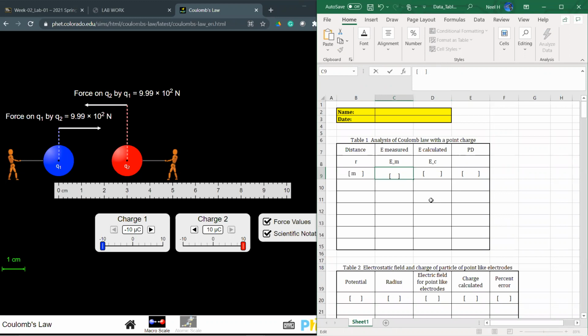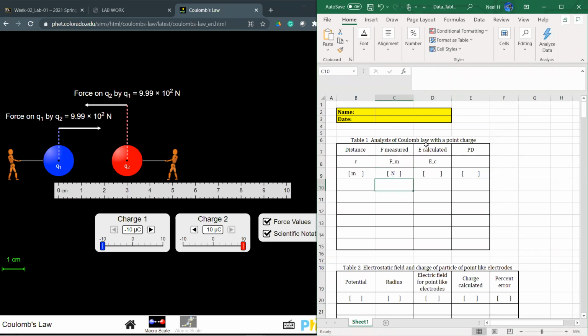All right, so to understand Coulomb's law, we'll measure force, okay? Force measured directly from the simulator. Please change this into force measured, F measured. Force measured from the simulator, that's going to be in units of Newton.